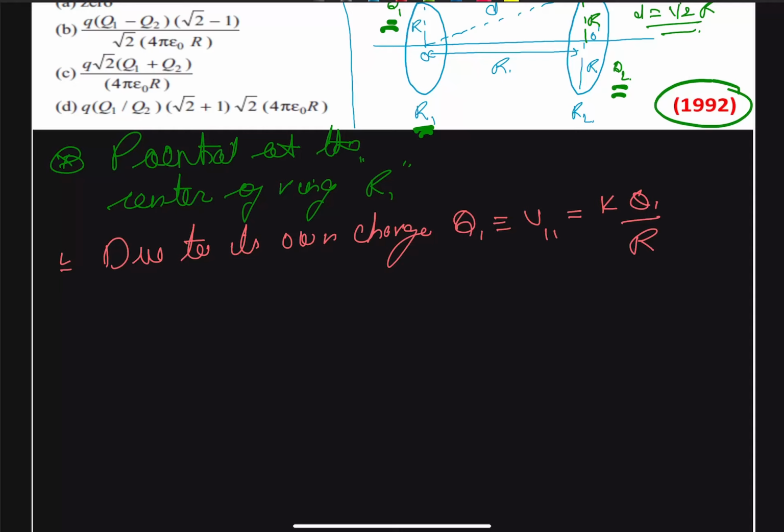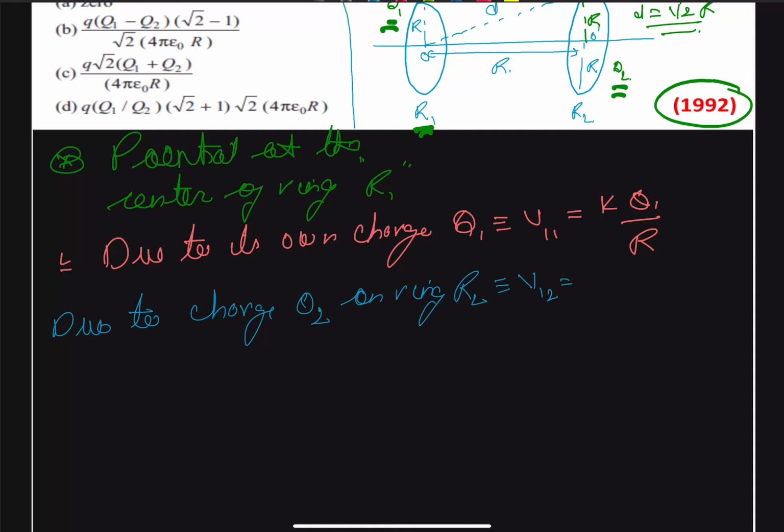Next, we can find out due to the charge on ring 2. So you can say that due to charge Q2 on ring R2, we can call this V12.